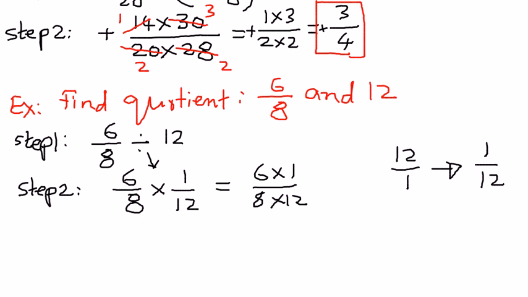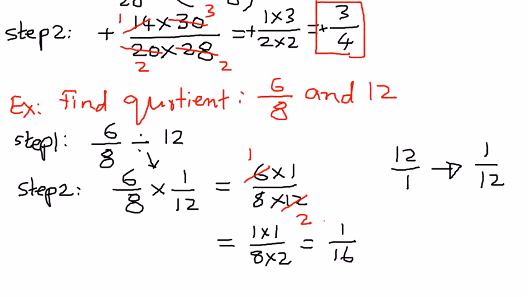So in here we have 6 in the numerator and 12 in the denominator. 12 is a multiple of 6, so 6 times 1 is 6, 6 times 2 is 12, and therefore there is nothing more to simplify in here, and therefore we're going to write this one as 1 times 1 divided by 8 times 2, which is equal to 1 times 1 is 1, 8 times 2 is equal to 16.